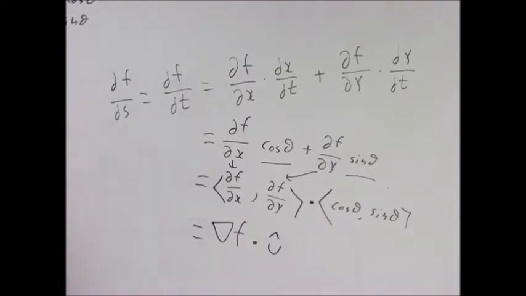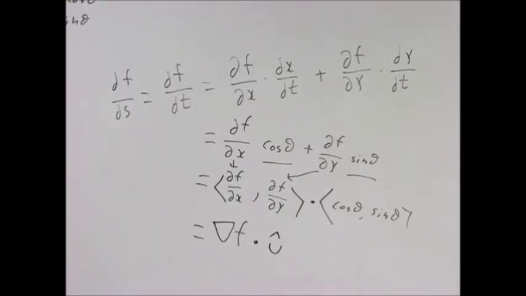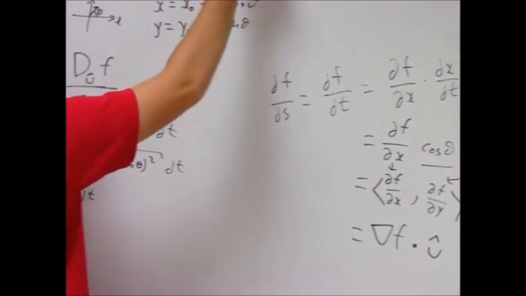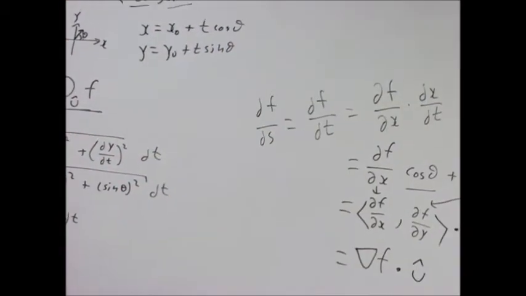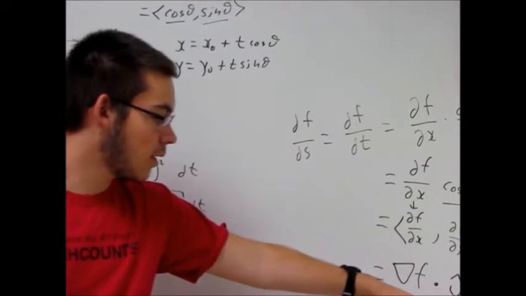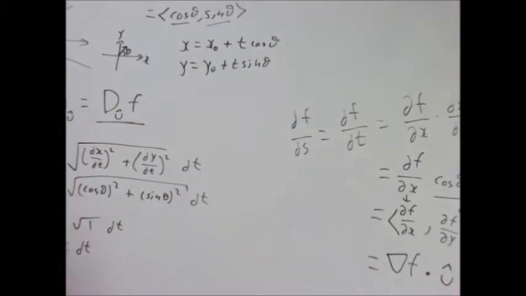So in fact, the directional derivative in the direction u, where you use a unit vector, means length equals 1, is just the gradient dot product with that unit vector.